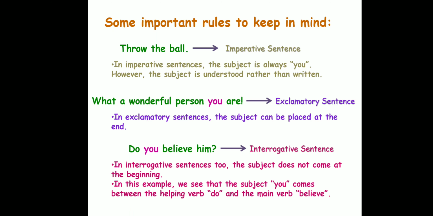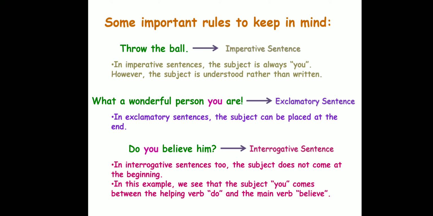In interrogative sentences too, the subject does not come at the beginning. In this example, we see that the subject you comes between the helping verb do and the main verb believe. So what happens in an interrogative sentence? In an interrogative sentence, the sentence will never start with the subject in that case. The subject comes between the helping verb and the main verb.